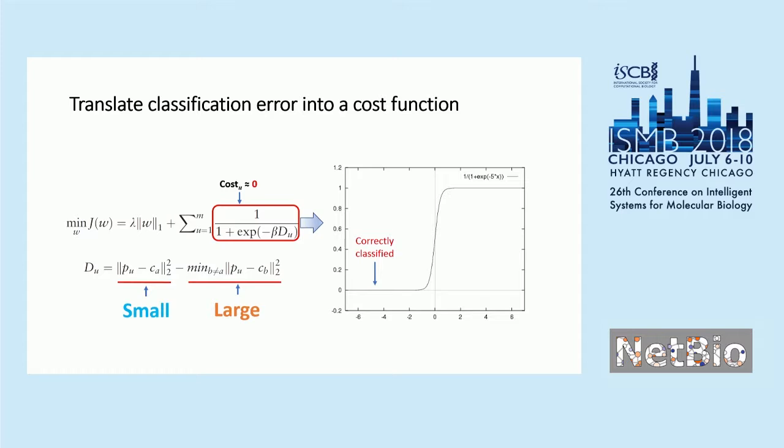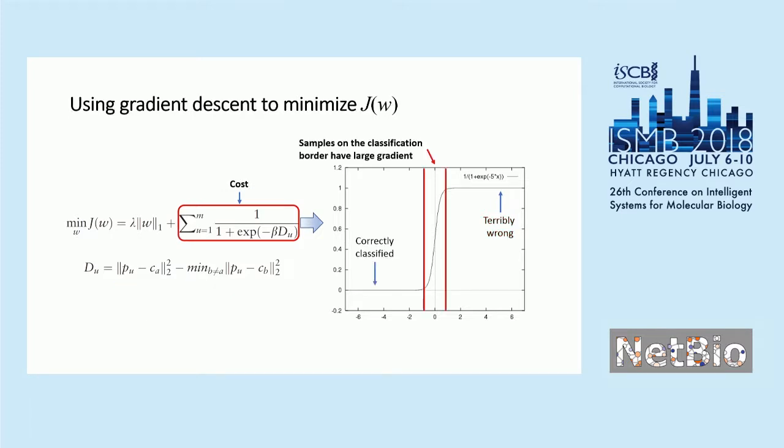In contrast, if the first term of du is large and the second term of du is small, then it means the classification of tumor U is terribly wrong, which gives a cost function with respect to tumor U close to 1. So you can see that here we are basically translating the classification error into a cost function. And this cost function is differentiable, so that we can use gradient descent to minimize it.